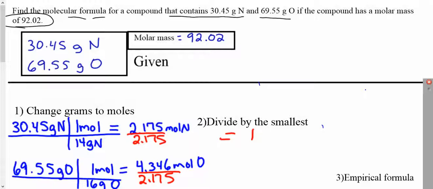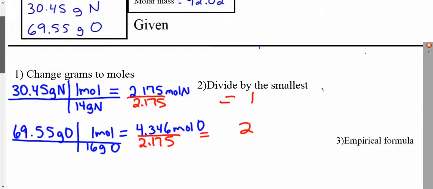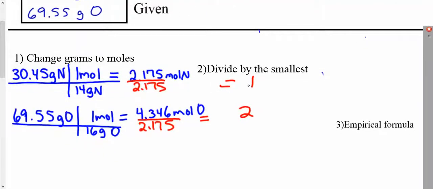And when you do that, it comes out to 2. So in this case, when you divide by the smallest, they all came out to a whole number, so I do not need to multiply by anything. So I already have my empirical formula. It's 1 mole of N and 2 moles of O. So the empirical formula is NO2.